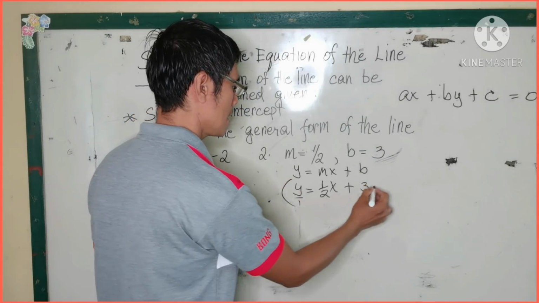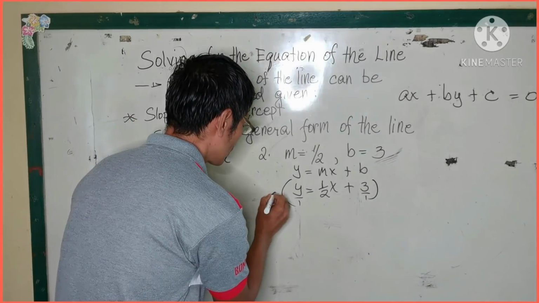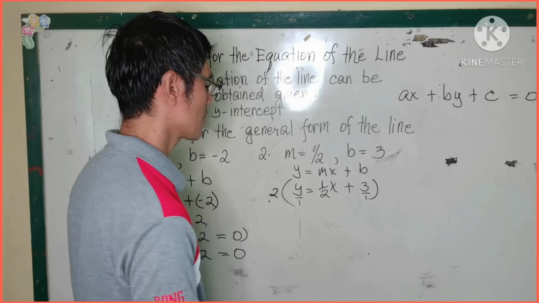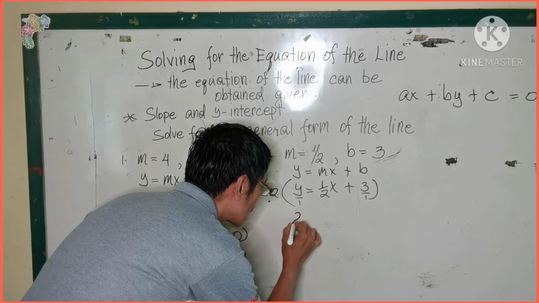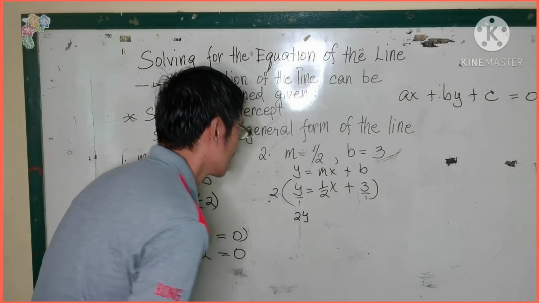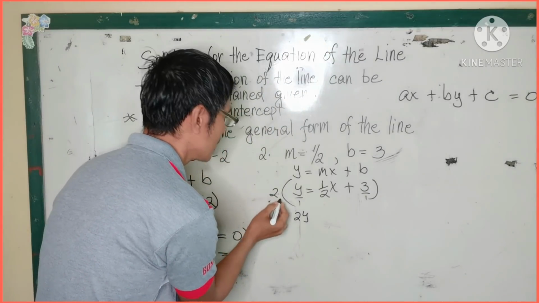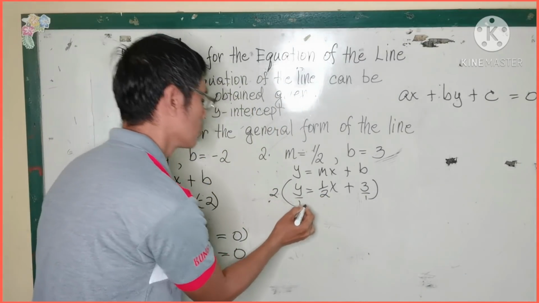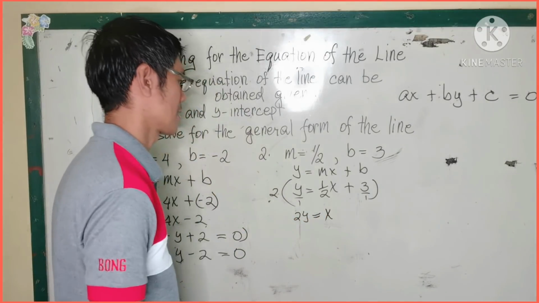Multiplying 2 to all the terms, we get 2 times y, we have 2y. Then 2 times 1x over 2, we cancel the 2 and the 2, and what remains is x.